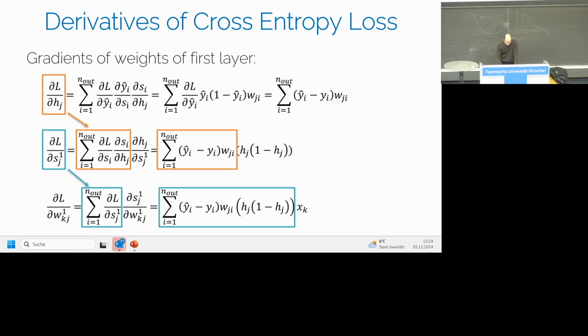And then basically dl by ds is dl by dsi times dsi by dsj. So this is the activation of the one layer times the derivative with respect to the previous one. And if you concatenate all, you get these somewhat lengthy expressions.